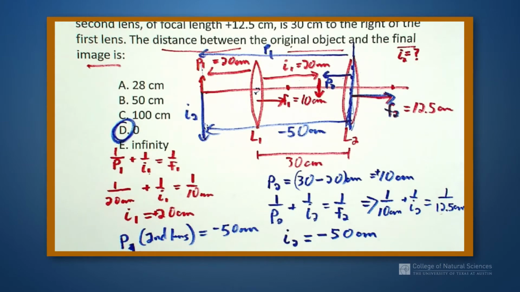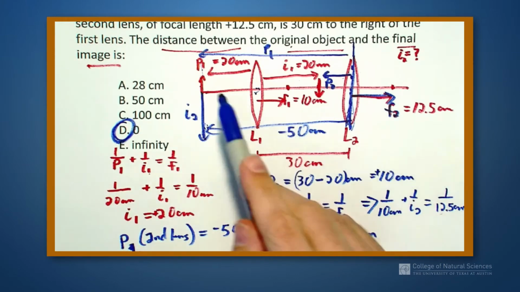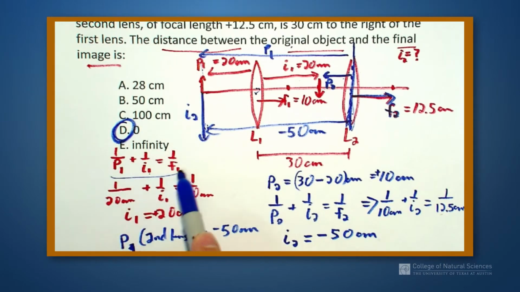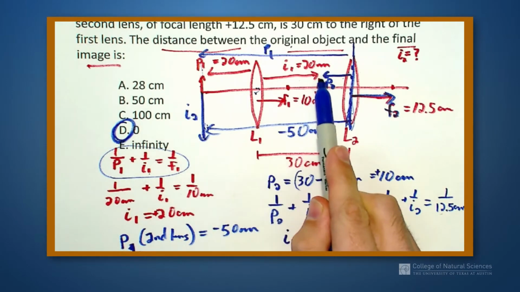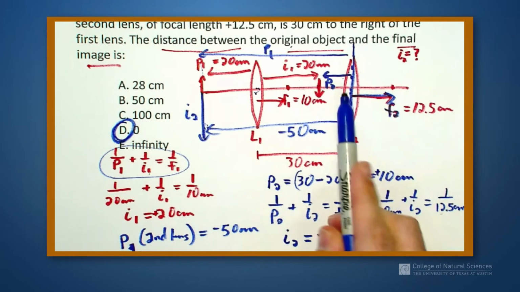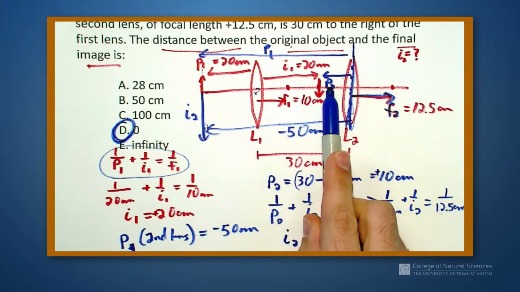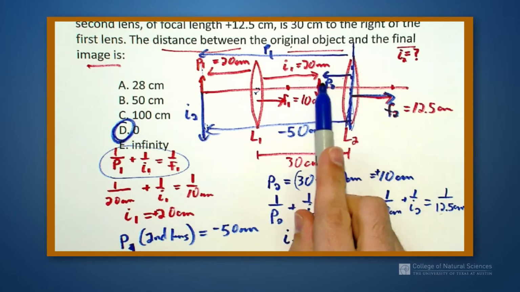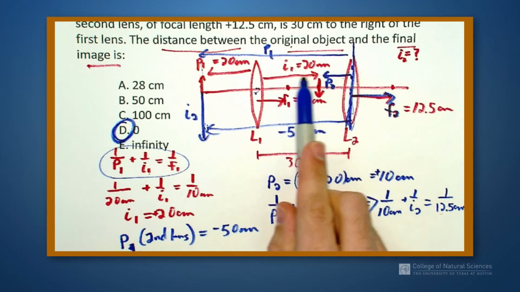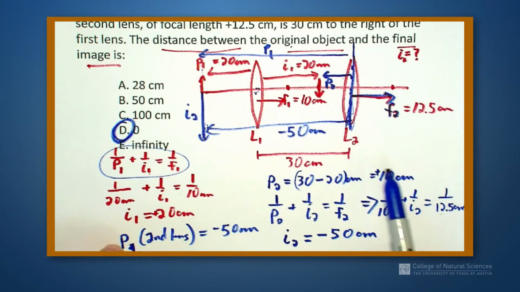So not that hard of a problem to go through. Solve the original equation for where our first image location is. Our first image becomes our second object. We have to remember that we measure them in a slightly different way, and then we figure out what our second image location is, and then we compare it back to actually answer the question.